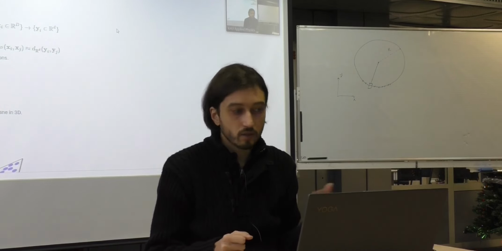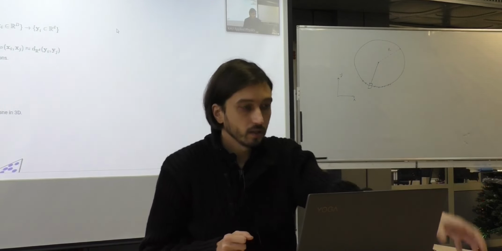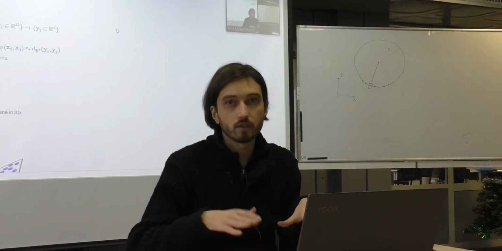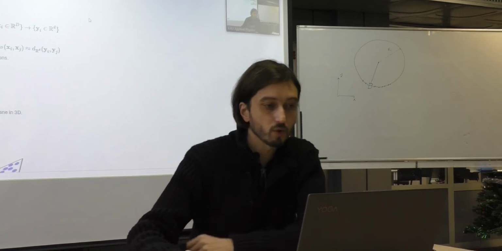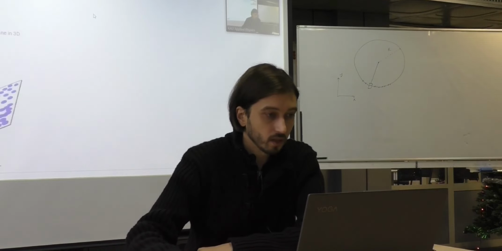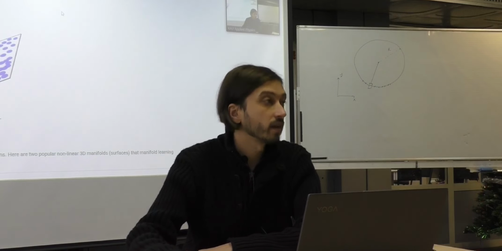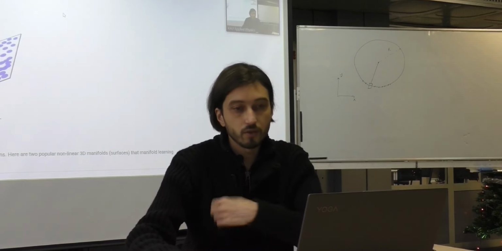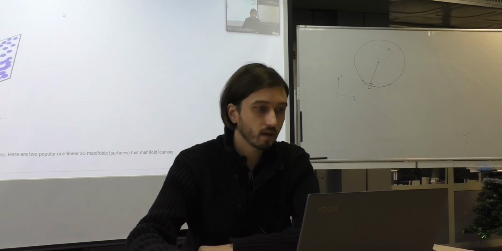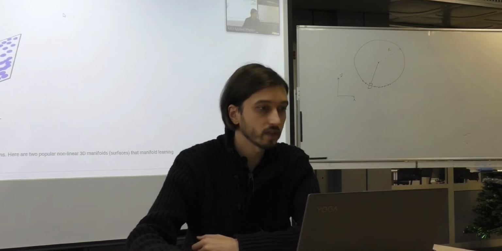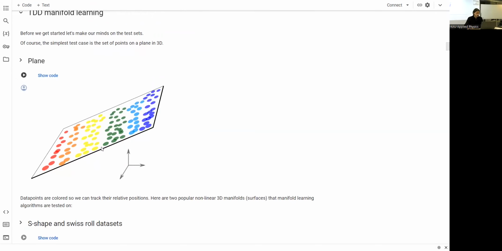So we will be trying to preserve some distances, unwrapping our points and squeezing them into some smaller dimensional space. Okay. Once again, we start with some sort of test-driven development. Let's look at a few test cases that are often used to test all these manifold learning methods. The simplest case, of course, is the plane.